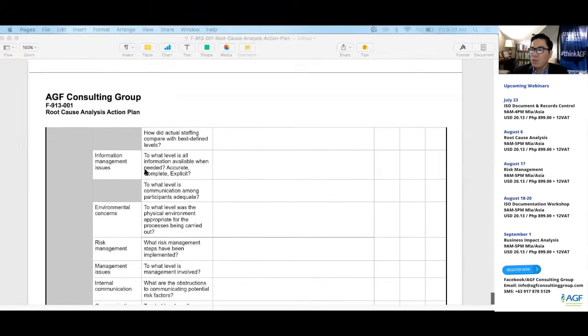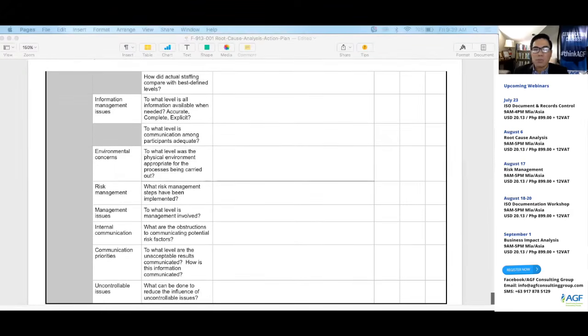And then you can continue the analysis. You can also check on information management issues. What about environmental concerns? What about risk? Maybe there were risks before that we just ignored. It already showed signs that there's something wrong with the maintenance of the building, and then we just ignored it. So what about management issues? What about internal communication?